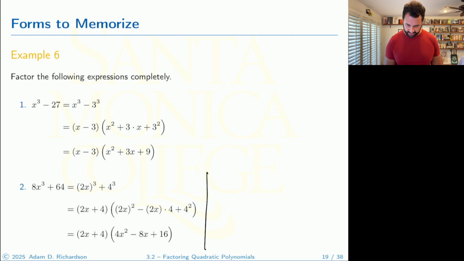One thing we could do is this. Notice that both of these terms have a common factor of 8. So we could factor out an 8, and then we get this other version. So I'll just write it like this: 8 times x cubed plus 8. There we go. Now we can use the sum of cubes formula again.